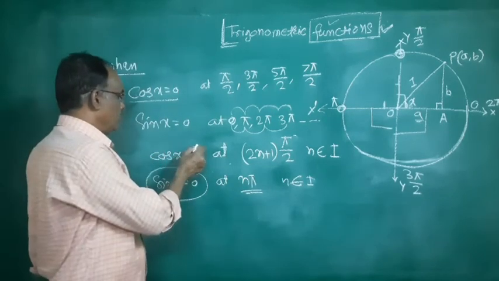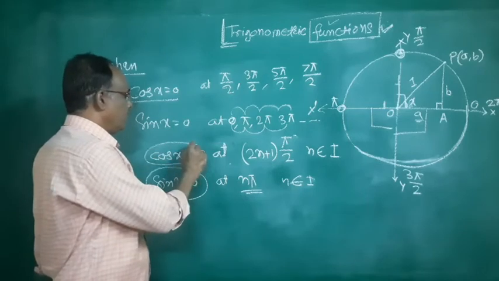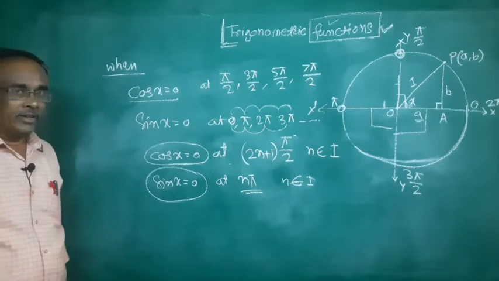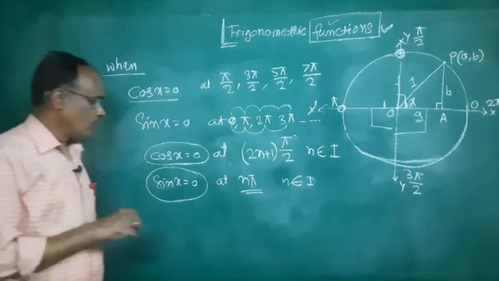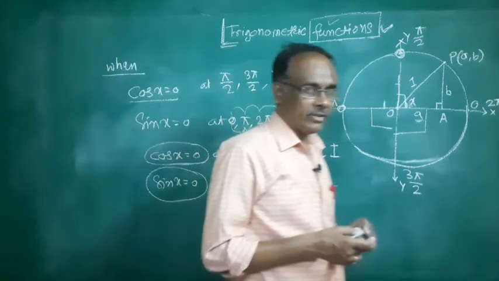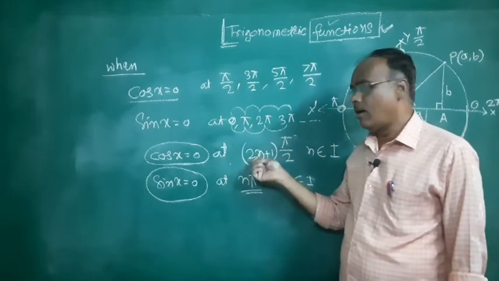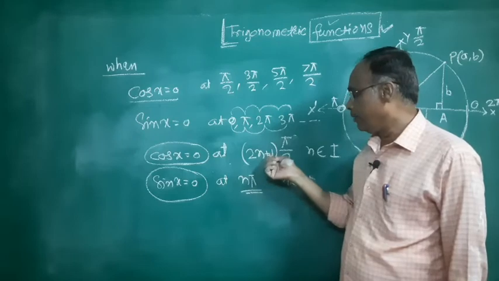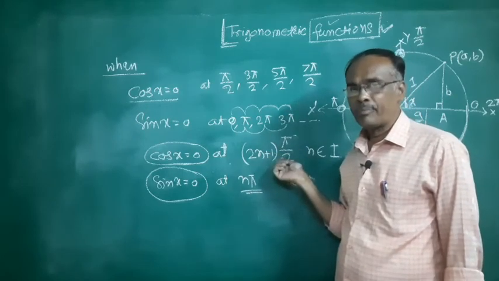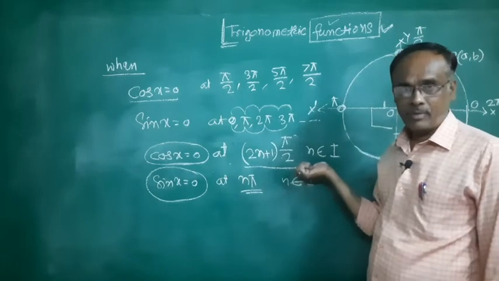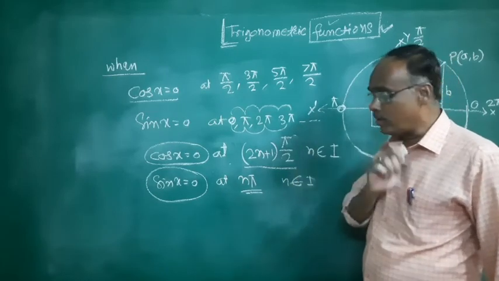And in functions with cos x in the denominator, the value (2n plus 1) pi by 2 is not in the domain of that function.